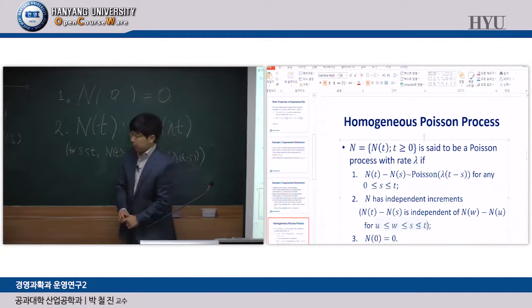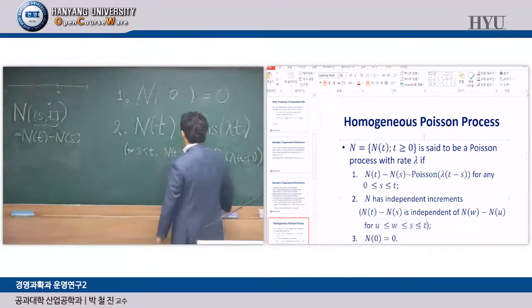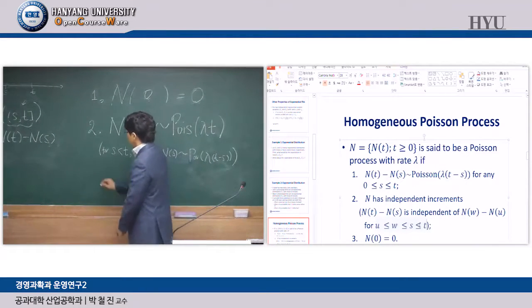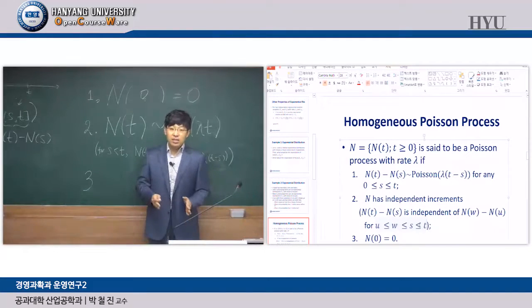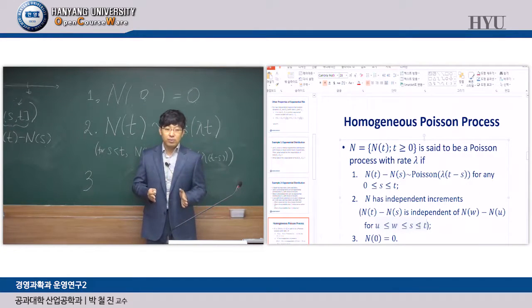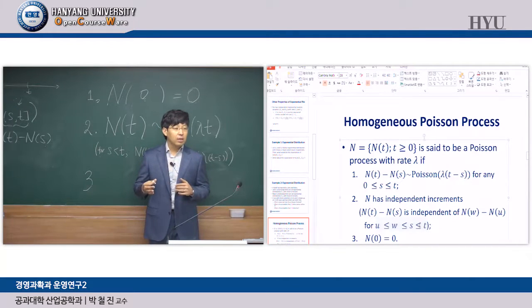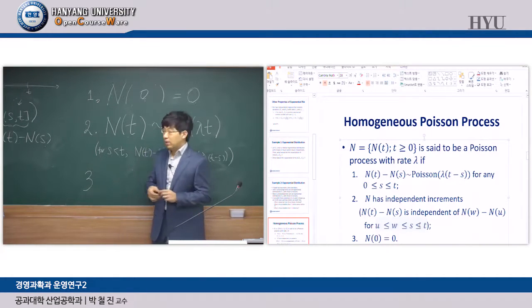Next one. And the third one is a very important concept. We call this independent increment. Independent increment can be mentioned with other types of stochastic processes and is a very important structure. When we consider a discrete time Markov chain, we also consider such a property.